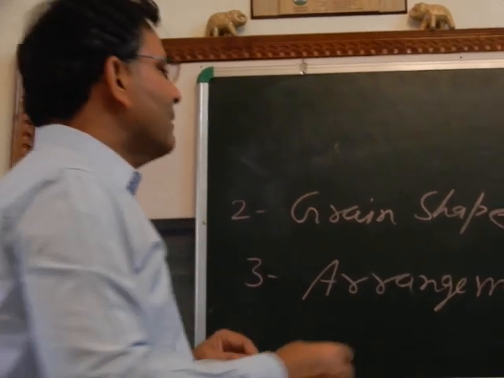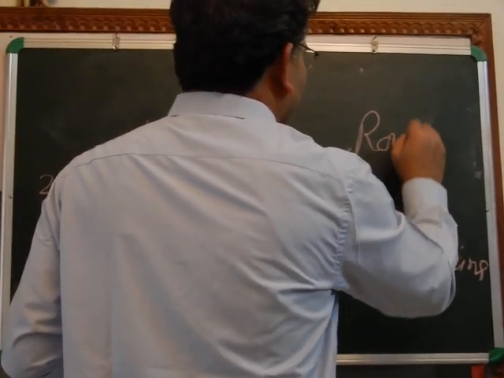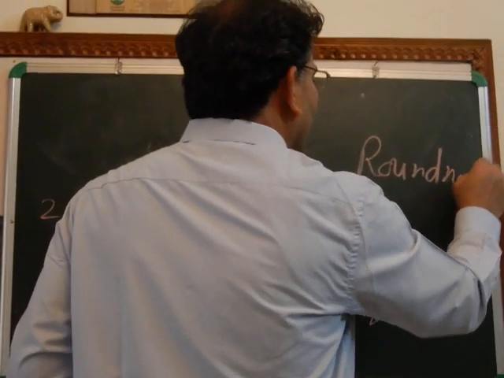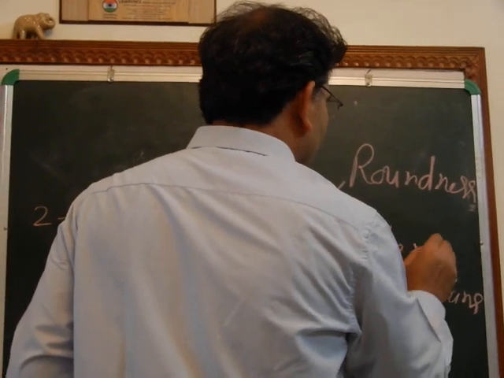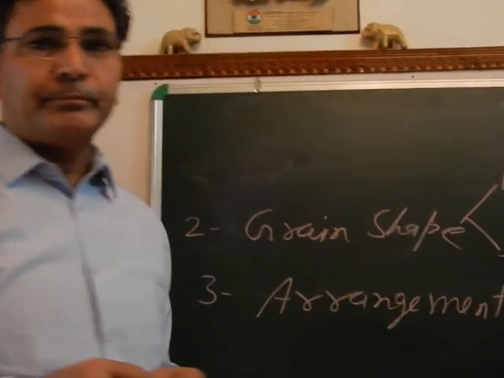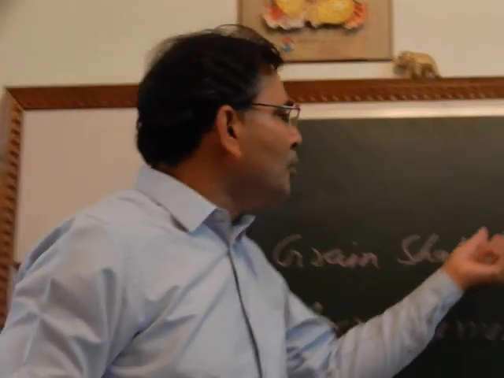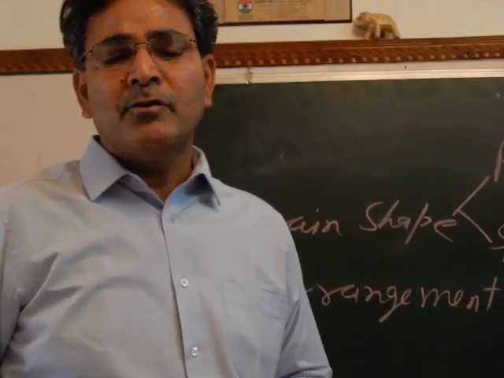The shape of the grain is either roundness or sphericity. These are the most common terms used in clastic sedimentary rock, roundness and sphericity.